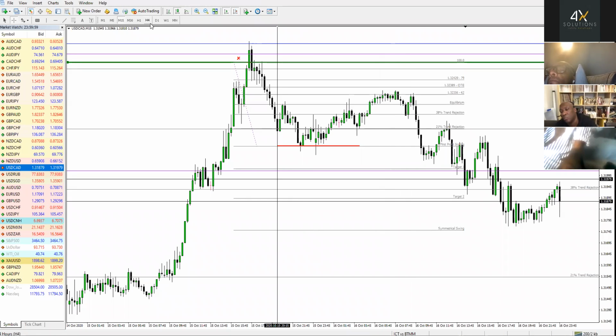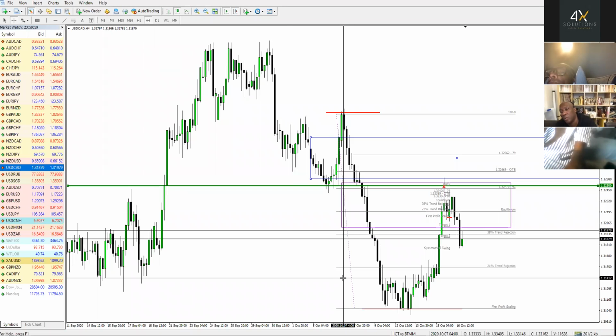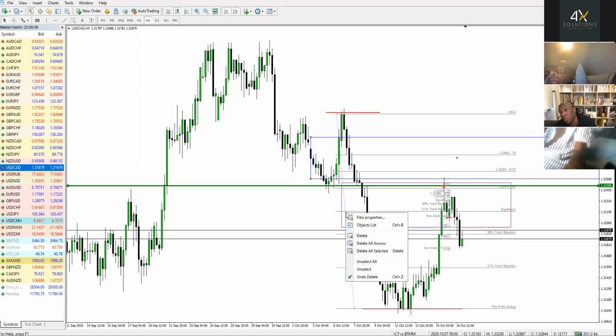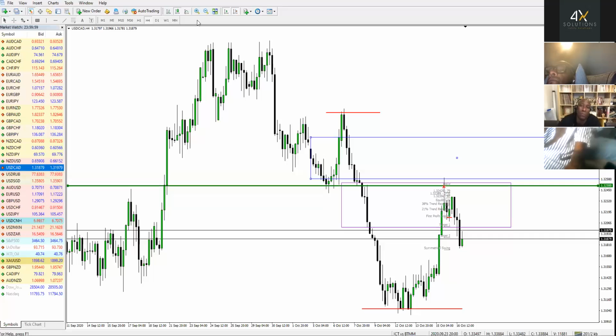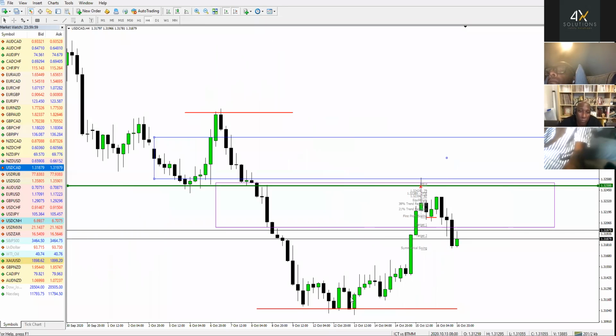And the same can be said if we are looking for a buy opportunity. This is an entry technique. This is a question I get asked always.